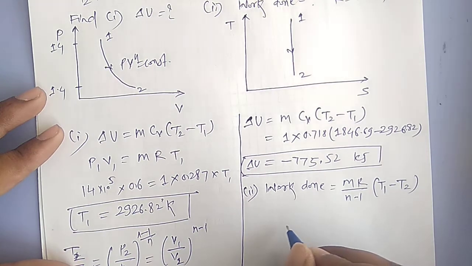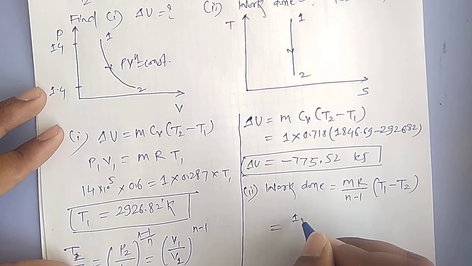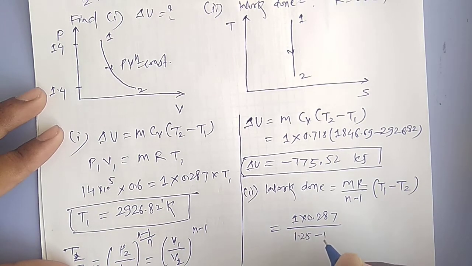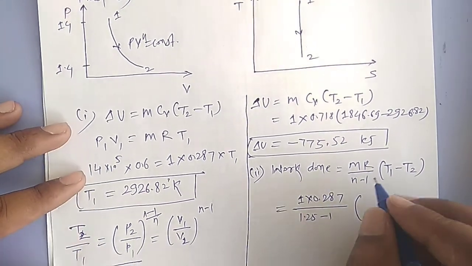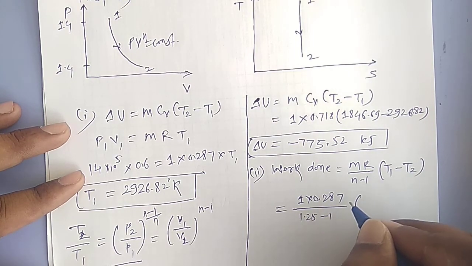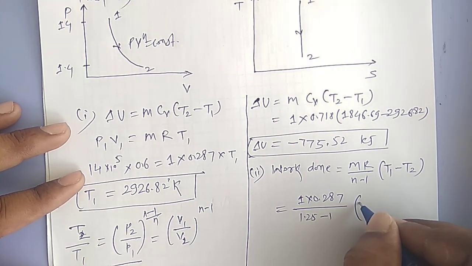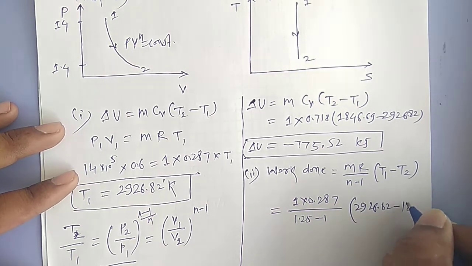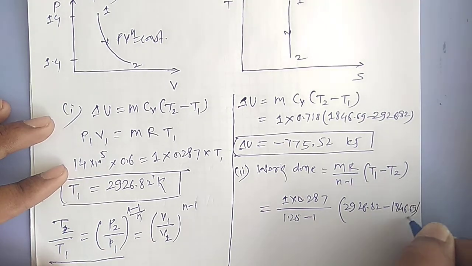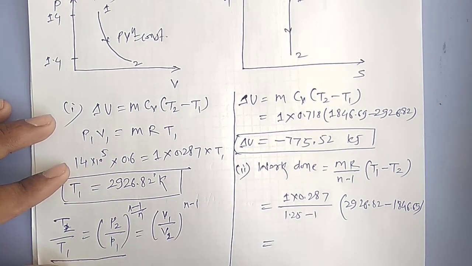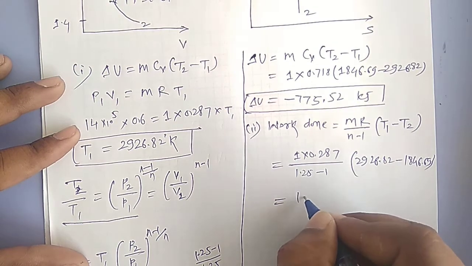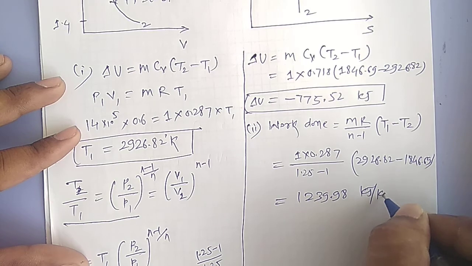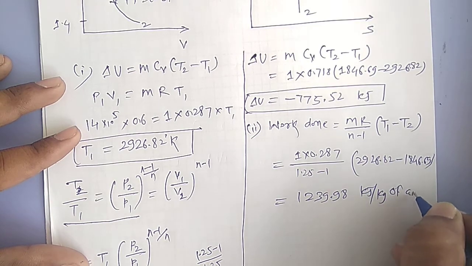So putting the values: m is 1, R is 0.287, divided by 1.25 minus 1, into T1, which is 2926.82, minus 1846.69, which is equal to, we get 1239.98 kilojoule per kg of air.